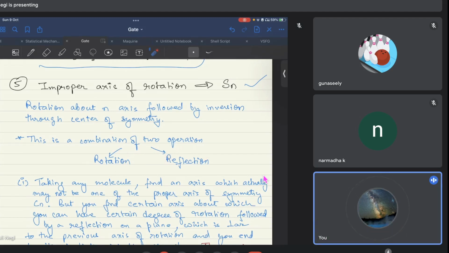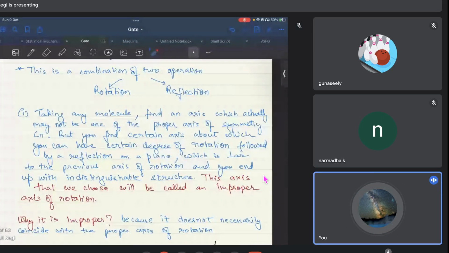So the rotation about any axis is followed by inversion through a center of symmetry, or by a plane which will do the reflection. Taking any molecule, you have to find an axis which may or may not be the principal axis.